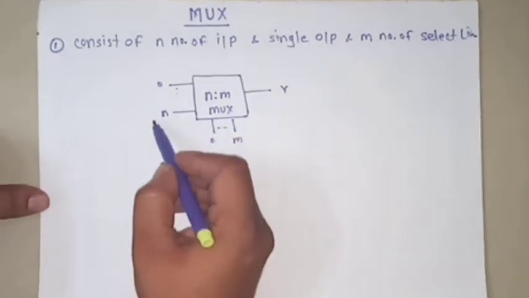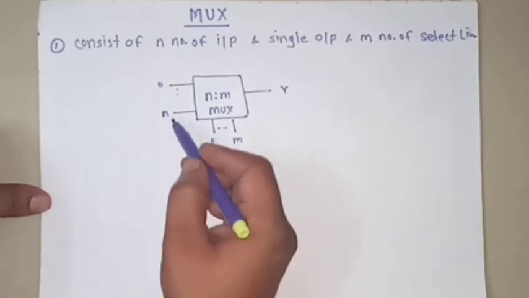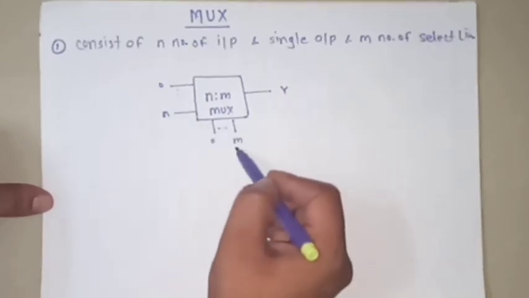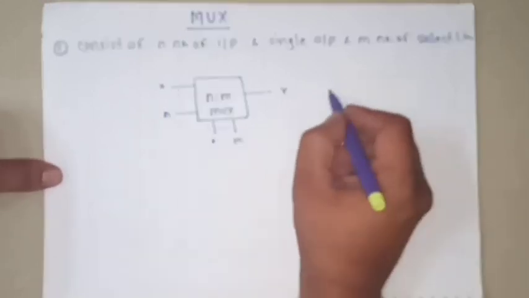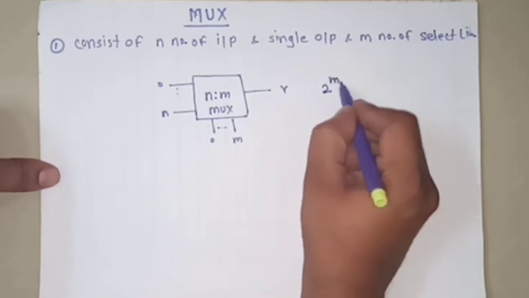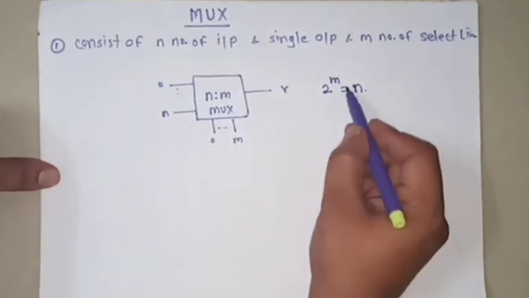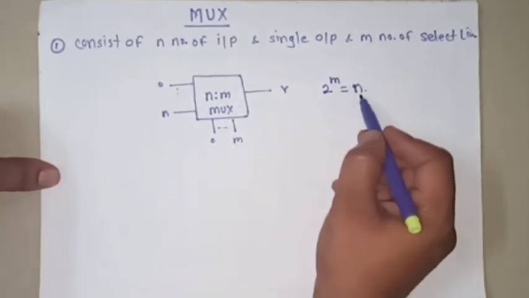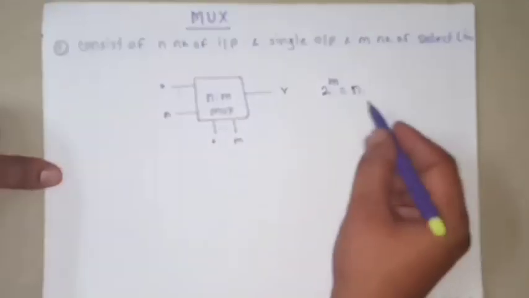There is a relation between these two: 2 raised to m is equal to n. That is the relation between the select lines and the input lines.